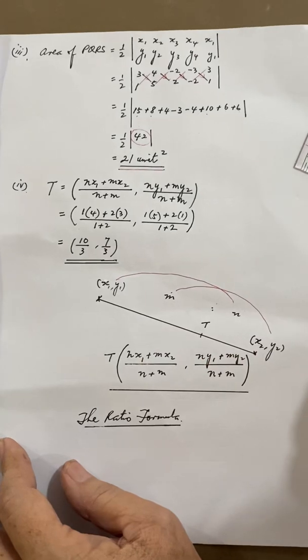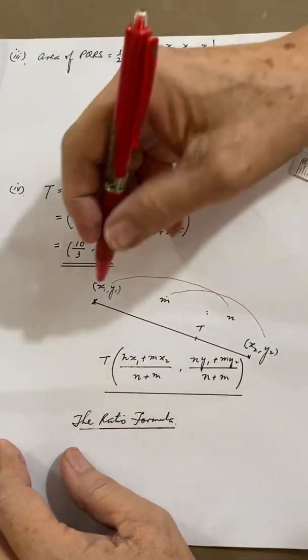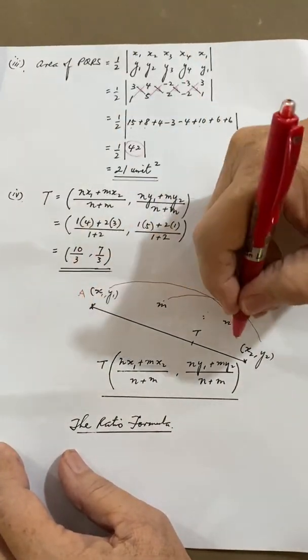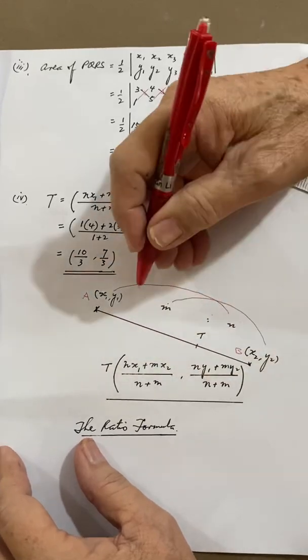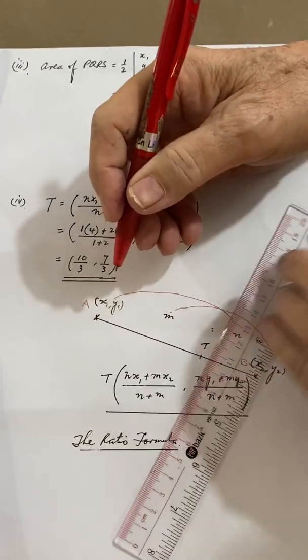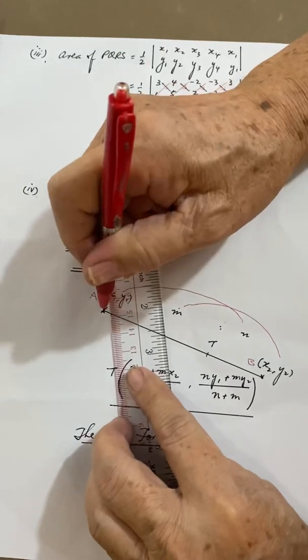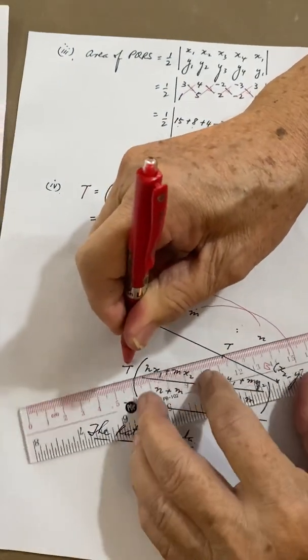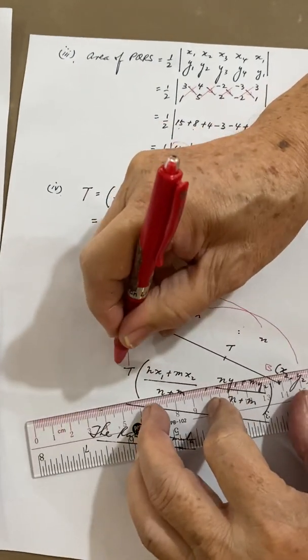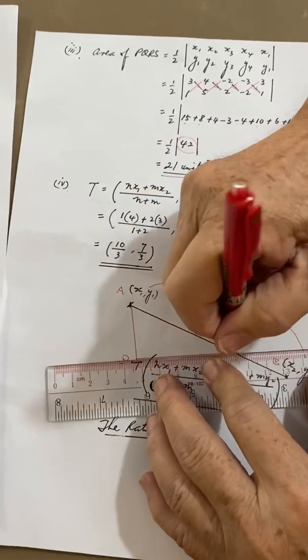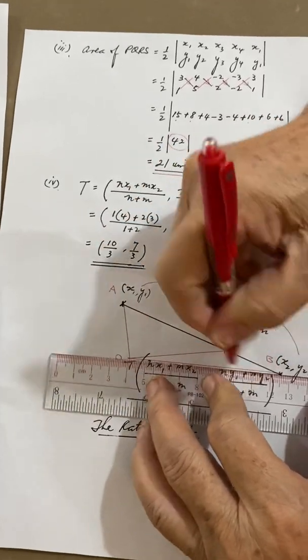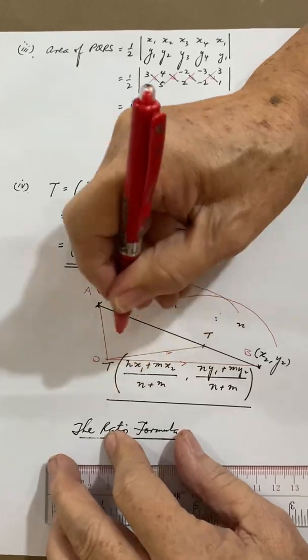and this is called the ratio formula, which I would like to share with you because later those who take maths, this ratio theorem is very useful for vectors. So let's say O is the origin, all right? O is the origin, so we might as well not waste this.